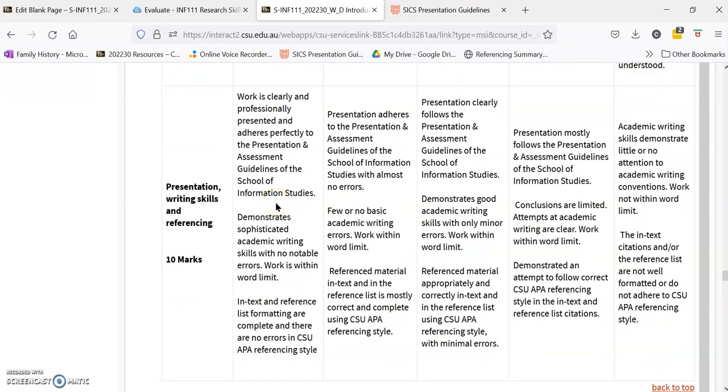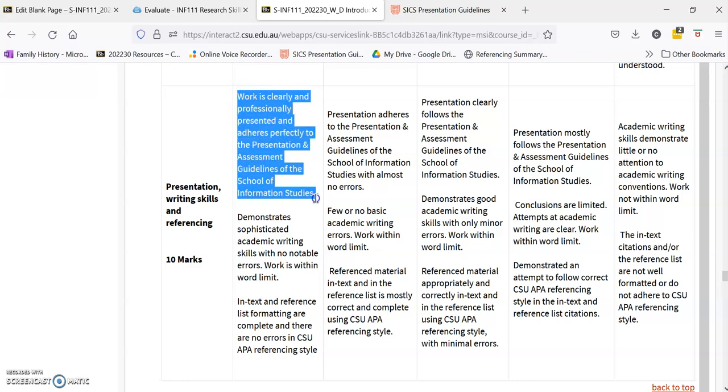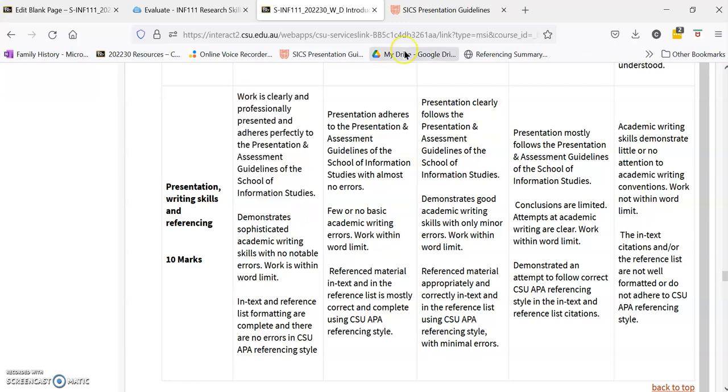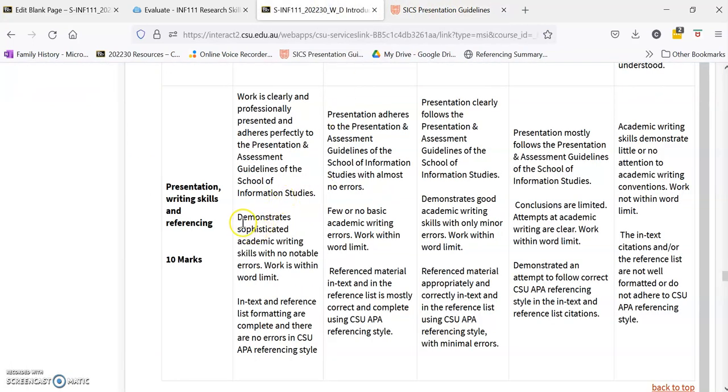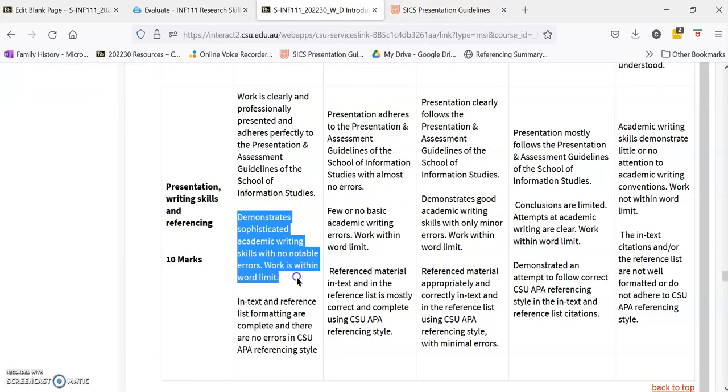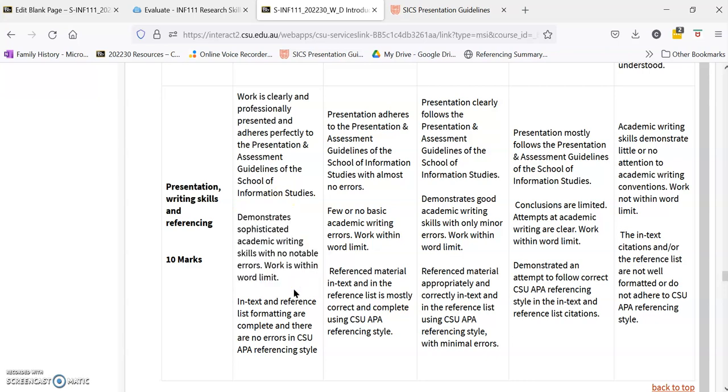The last 10 marks are wrapped up with the presentation and writing skills. So this is what we just looked at, the presentation guidelines. Don't forget, they're there, they're very easy to find. We're also talking about the way that you write. So, are you demonstrating good academic writing skills?